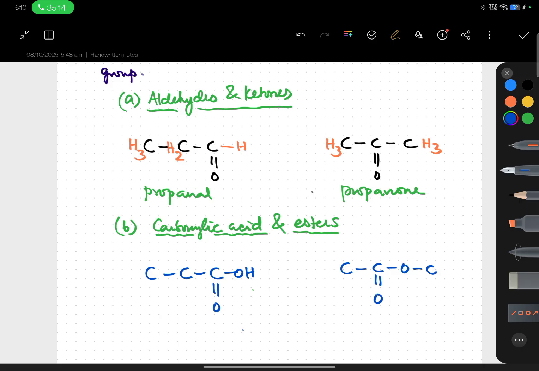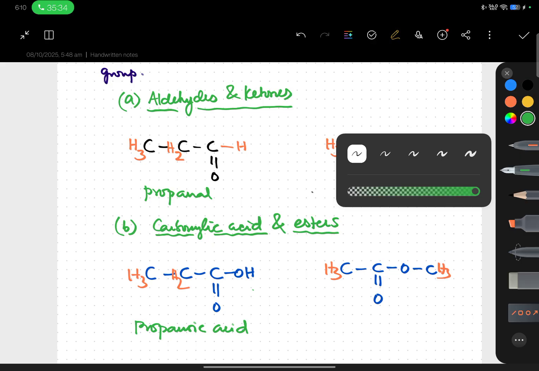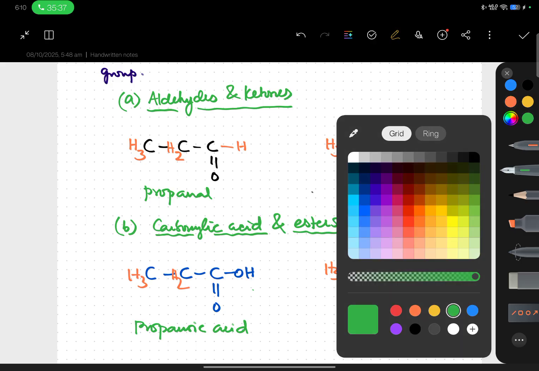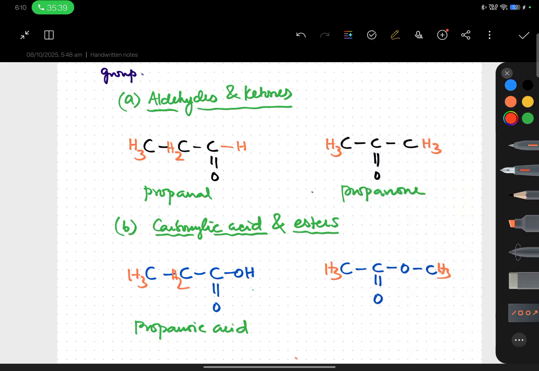So I'm removing the hydrogen and putting it somewhere else. Now you balance it with hydrogen: CH3, CH2, COOH, and CH3, CH2. So how do you name this molecule? This is called propanoic acid. This is called methyl acetate or methyl ethanoate.